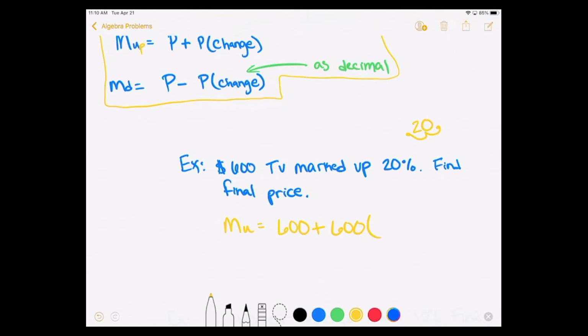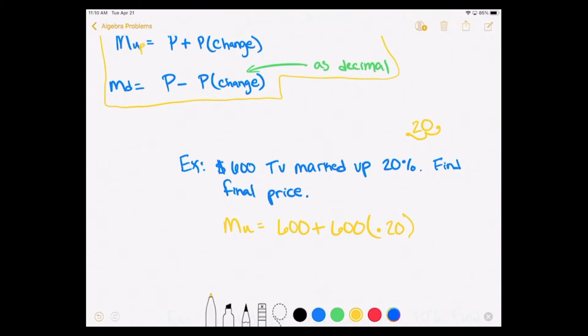Can't use a percent because then you're going to get this TV super expensive, right? It's going to be like $18,000 or something like that. So we don't want that. Make sure you're using decimal, so it's 0.20. Once you've done that, hopefully you got a calculator that can do this.